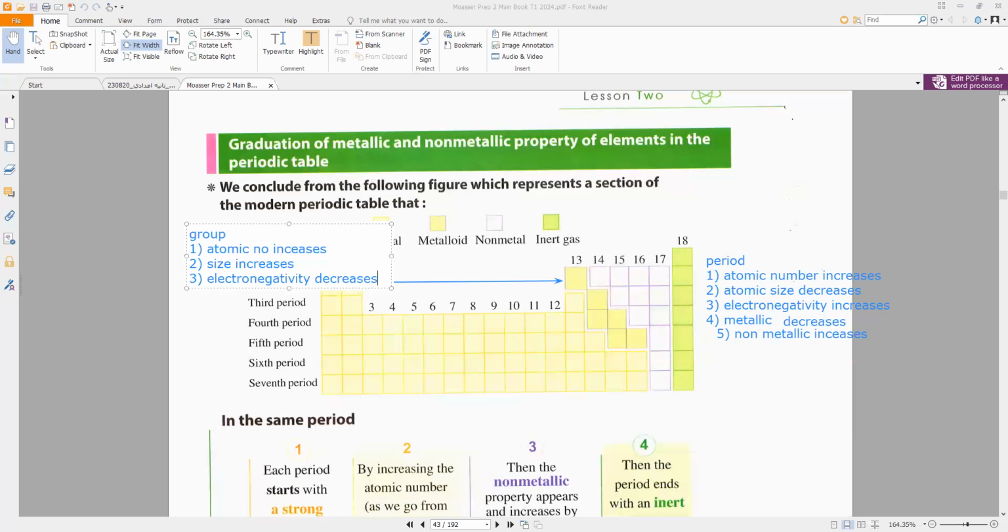The nucleus is not attracting the outermost electrons as strongly when the size increases, so the electronegativity decreases. What about the metallic property?